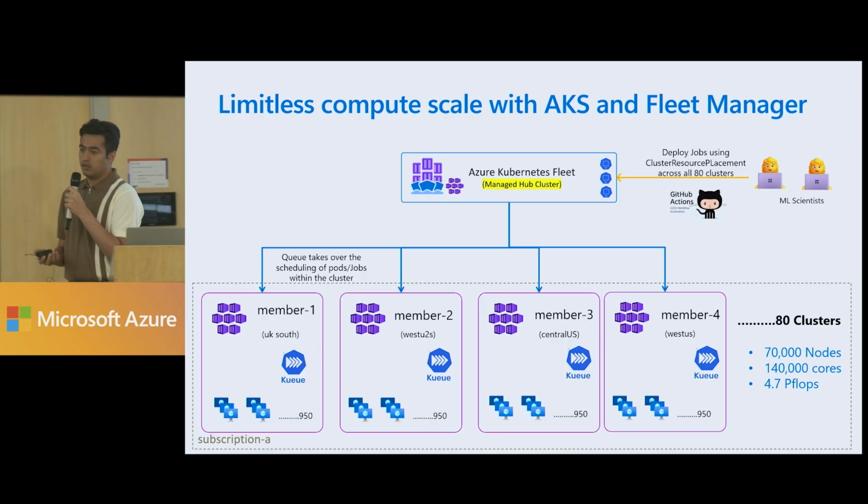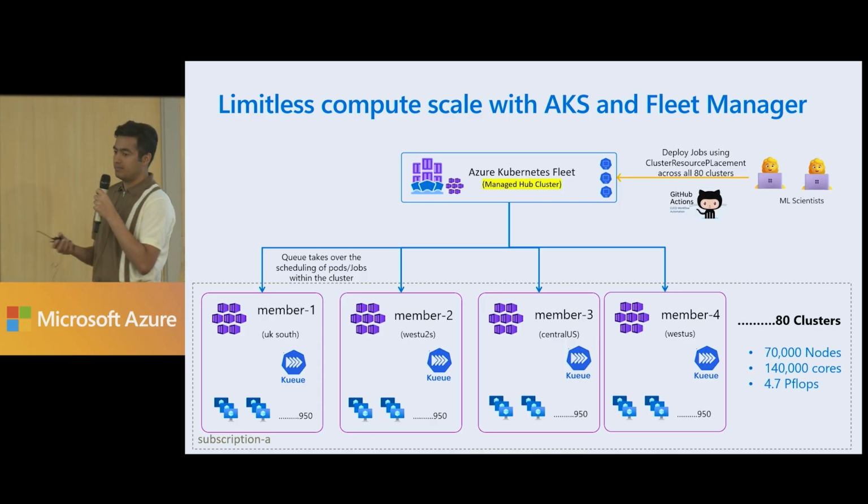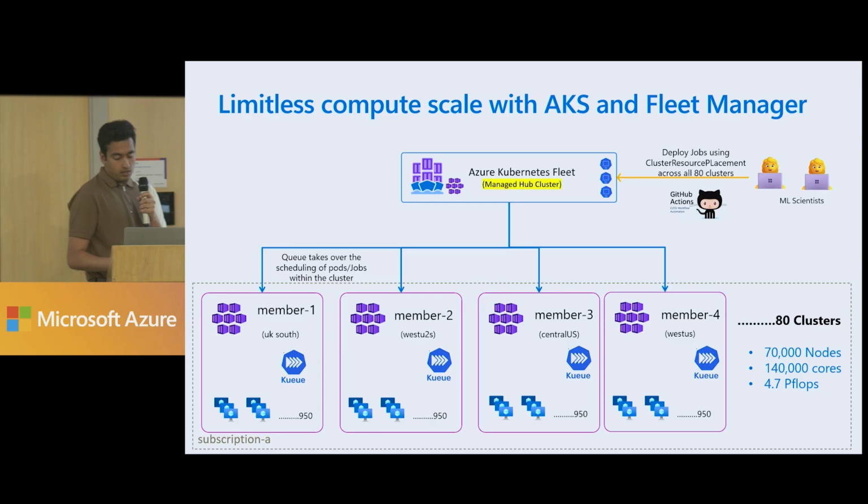And with things like workload placement, you can deploy the same application across all these regions at once. We even did an internal POC to test how far you can take the fleet, where we deployed over 80 clusters across 7 regions. And we deployed about 950 nodes in each of those clusters.